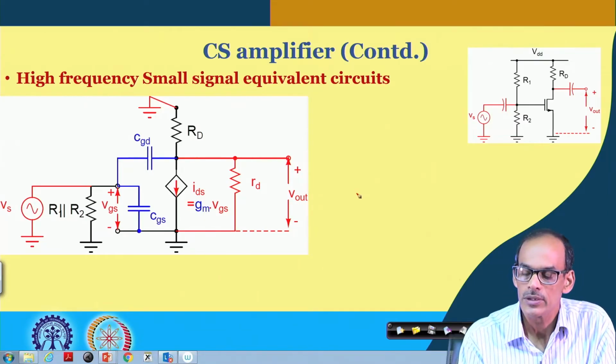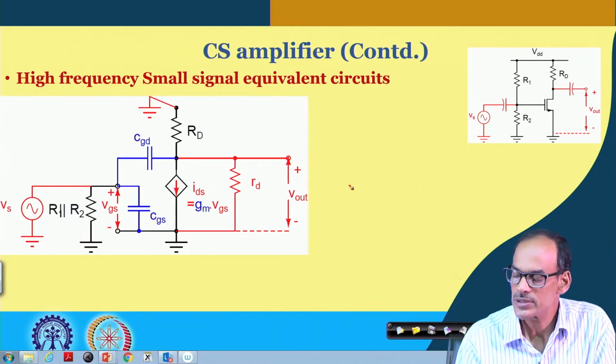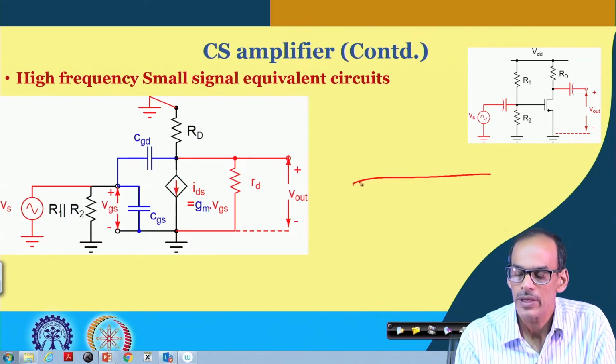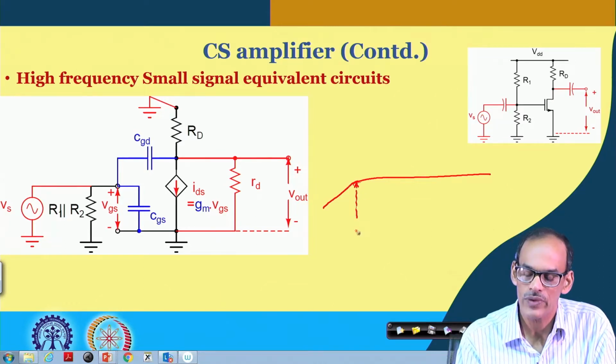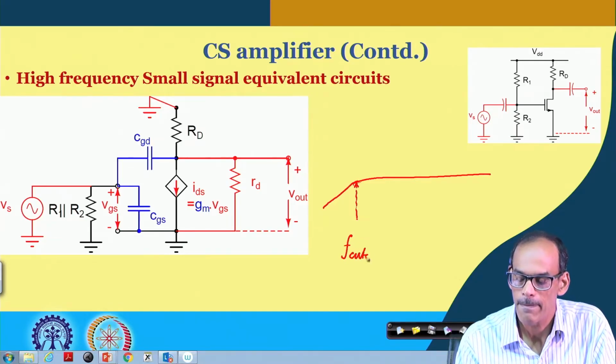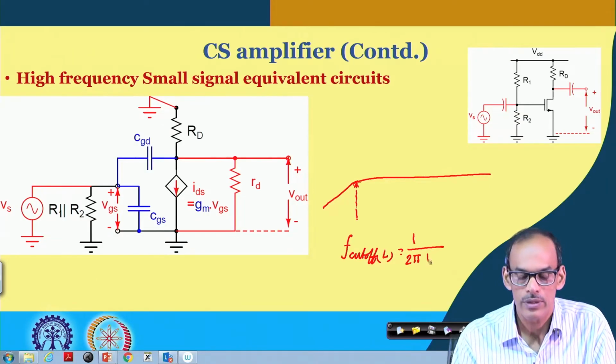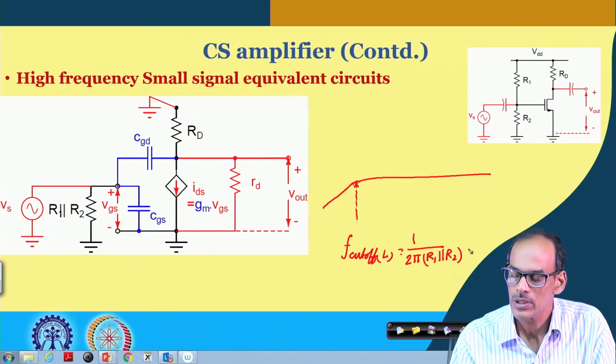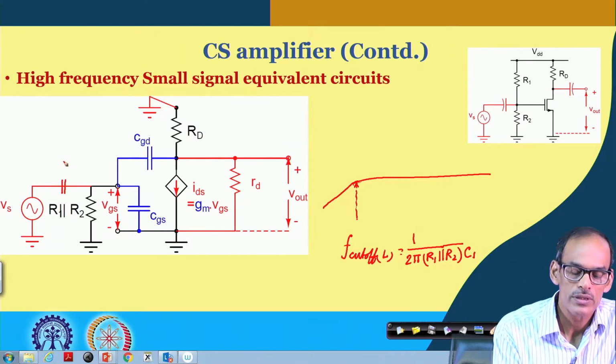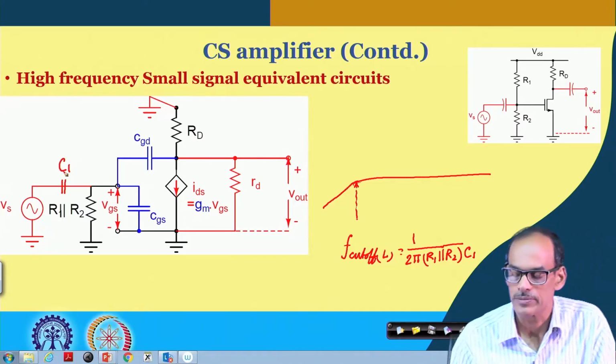As a result, the previous analysis was valid in the mid frequency region, and if you go to lower and lower frequency, the lower cutoff frequency will be defined by f cutoff low equals 1 by 2 pi (R1 parallel R2) into C1, where C1 is the signal coupling capacitor.